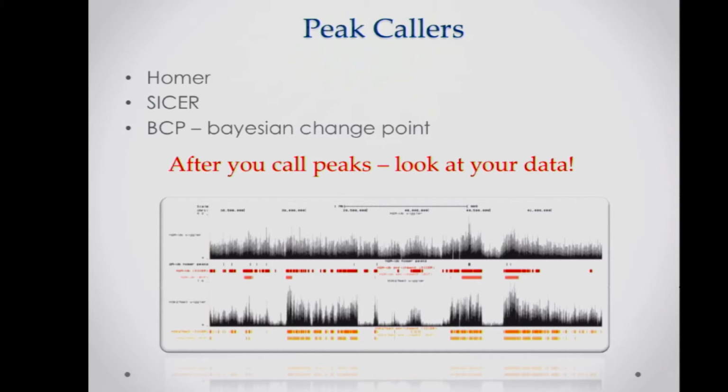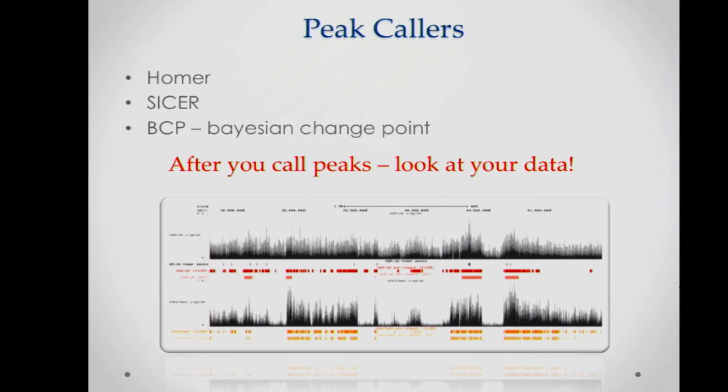You can basically give it an option that if two peaks are within some distance of each other, it merges them into a single bigger peak. So maybe it called a peak, there's a 200 base pair gap, and then you called another peak. Well, maybe that 200 base pair gap isn't meaningful, and so it's really just a broader region. The signal dropped just low enough that the peak finder sees a break in signal and then calls the next region over.